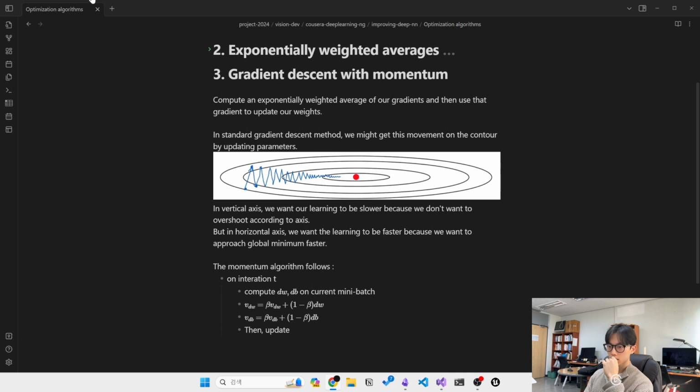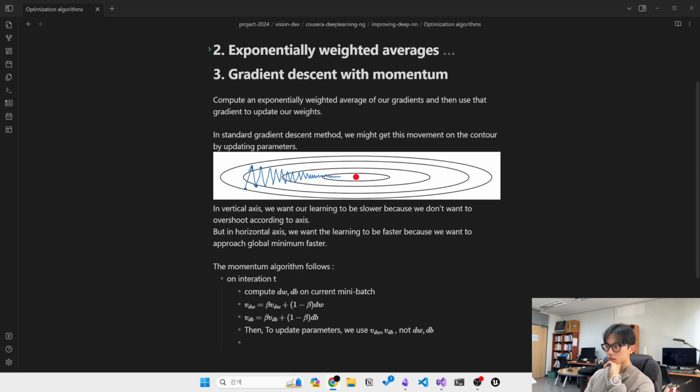For example, let's say that the last few derivatives you computed were this, this, this, this, this.